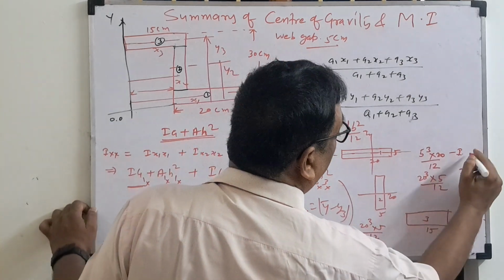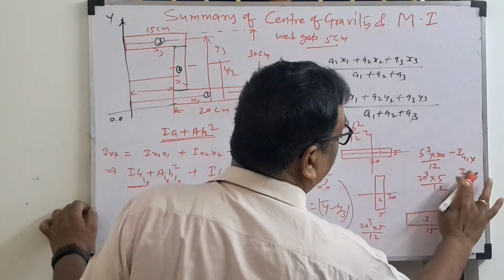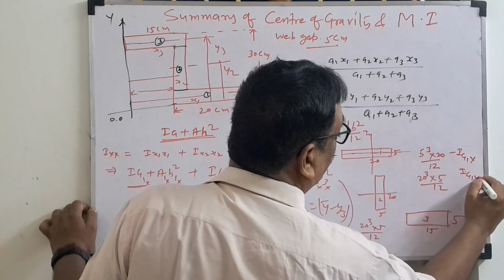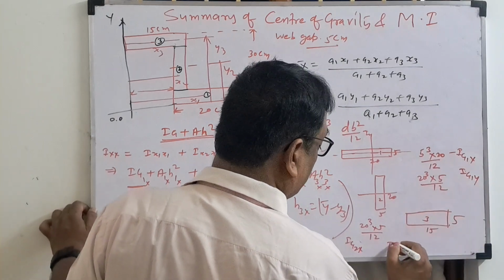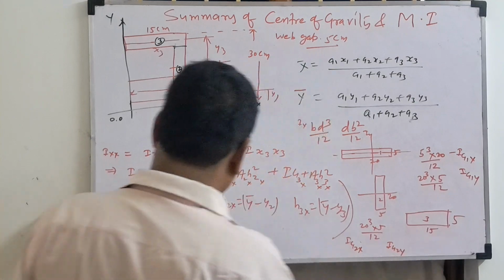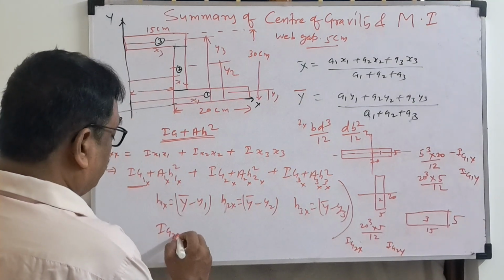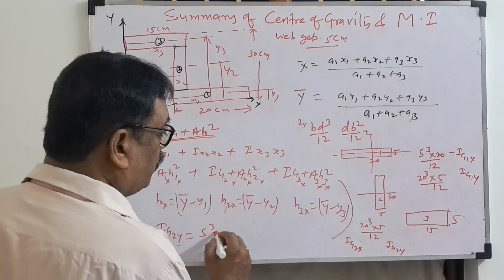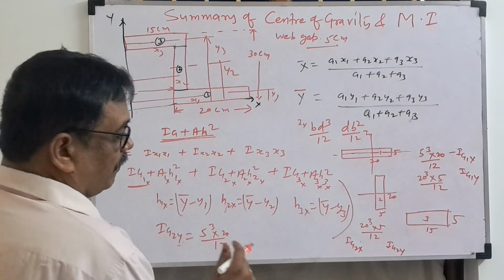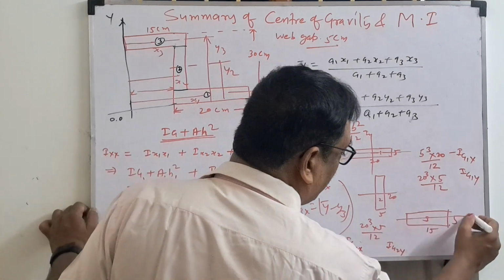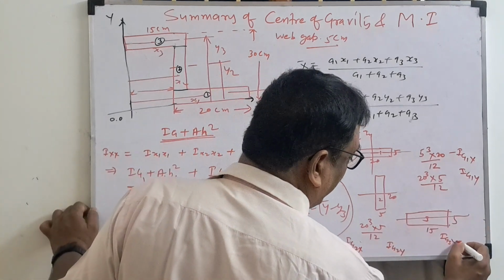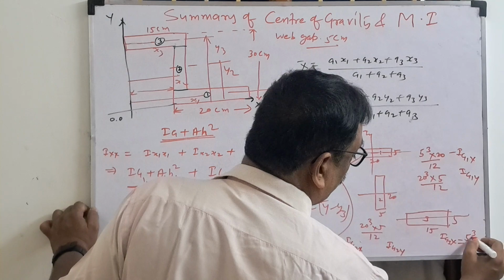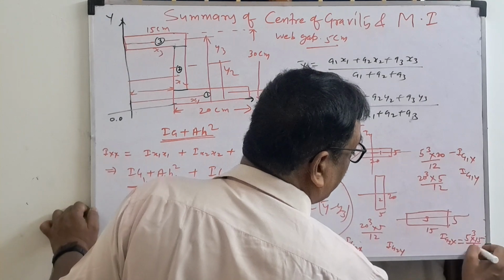You can write whatever notation I wrote: Ig1x, Ig1y, Ig2x, Ig2y. For Ig2y, the vertical line, it is 5 cube into 20 by 12. Similarly, for Ig3x, what will you write? 5 cube into 15 by 12.